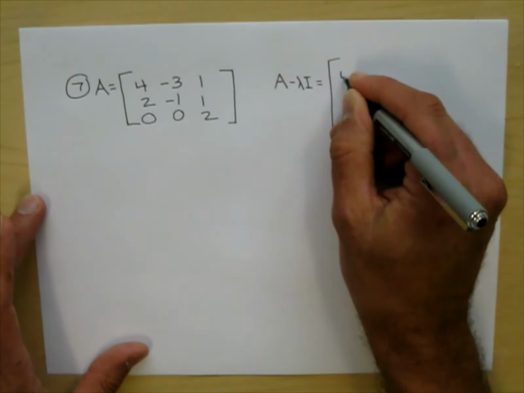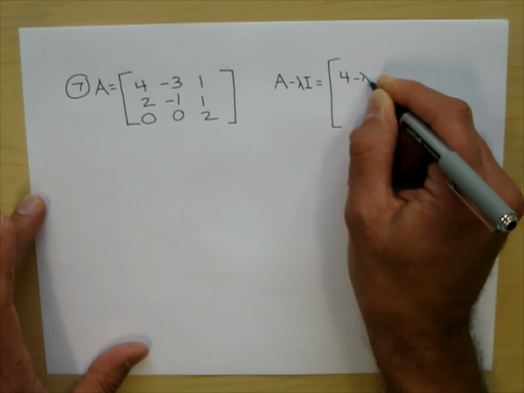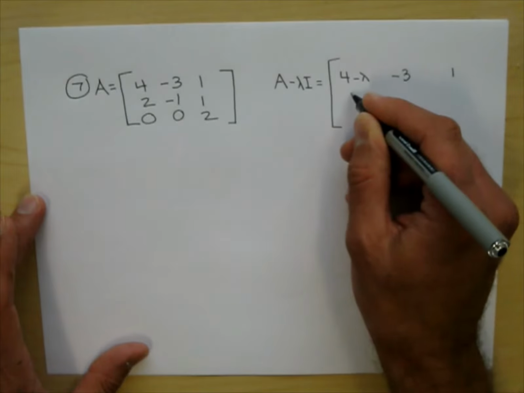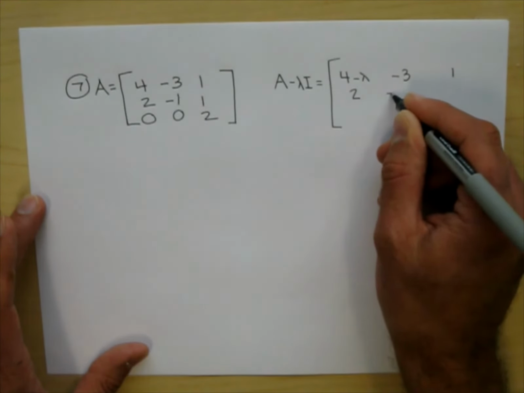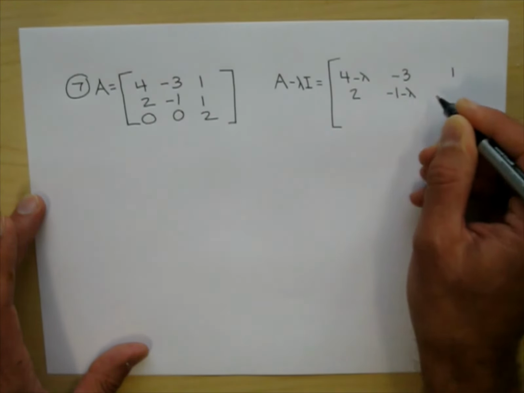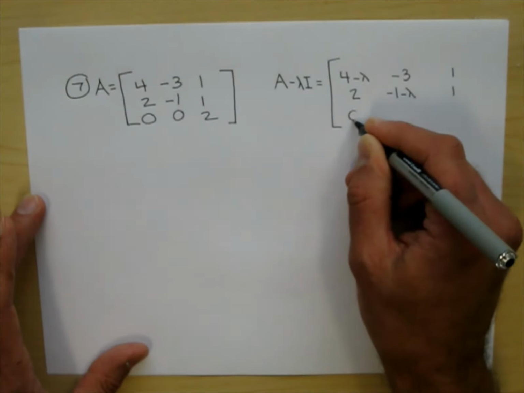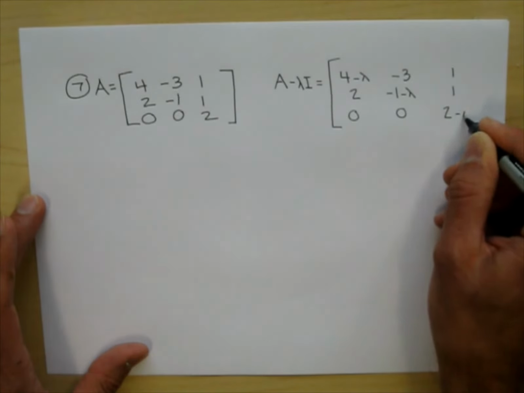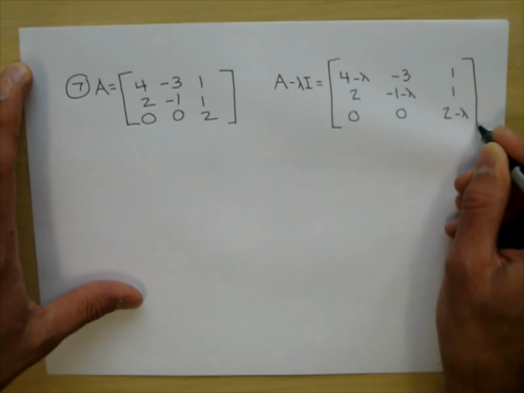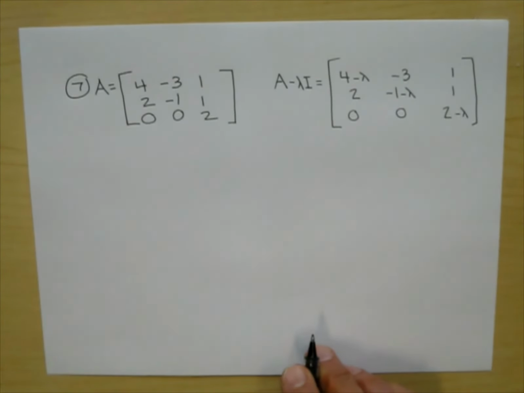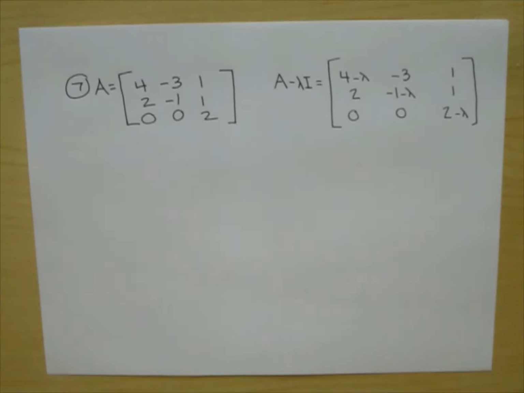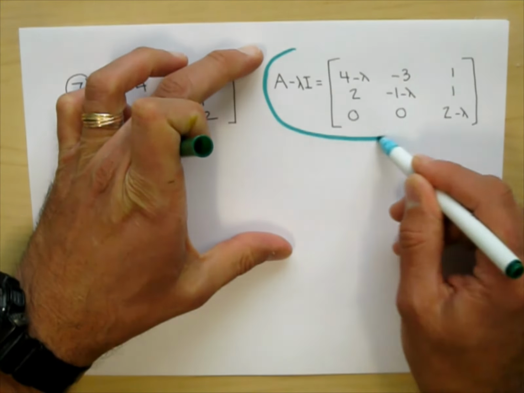So this is 4 minus lambda there, negative 3, 1, 2, negative 1 minus lambda, 1, 0, 0, 2 minus lambda. So there it is. I think last time I circled it in a green pen, so that's what I'll do right here.